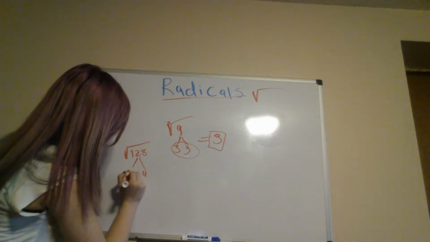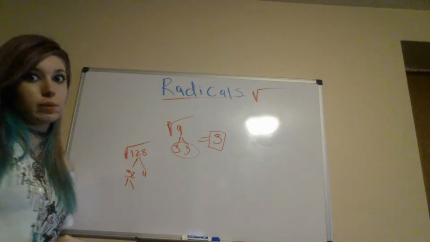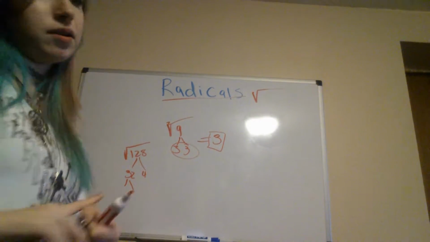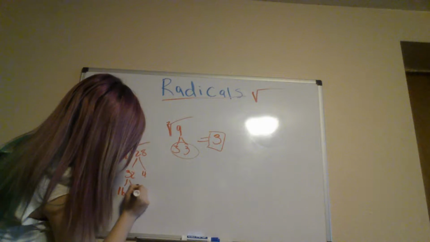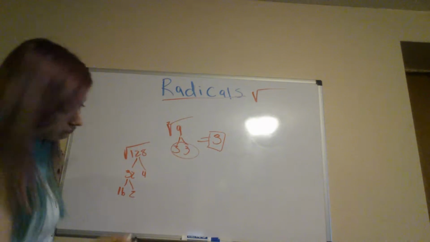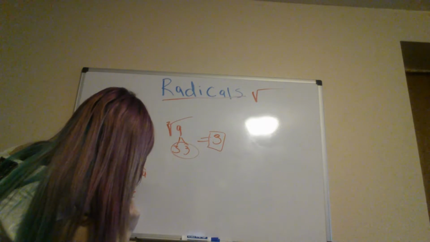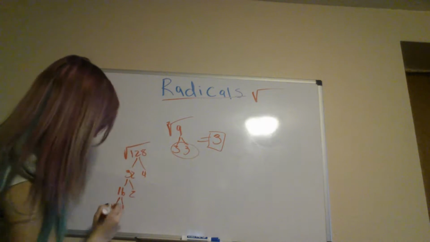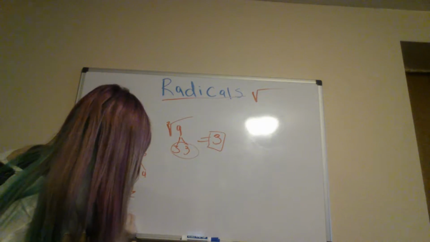Now for this, you can break 32 up into 16 and 2, right? Then you can break 16 up into 4 and 4. 4 and 4 break down into 2 and 2 and 2 and 2.